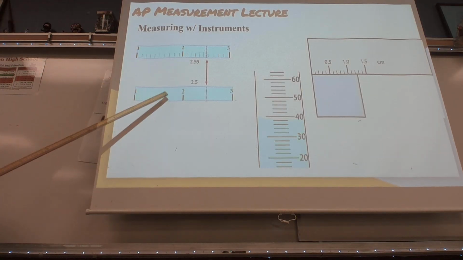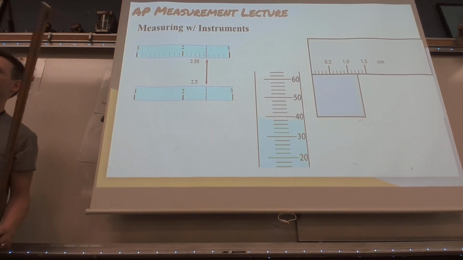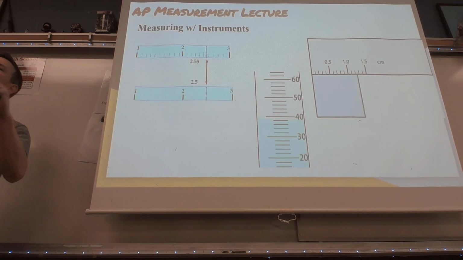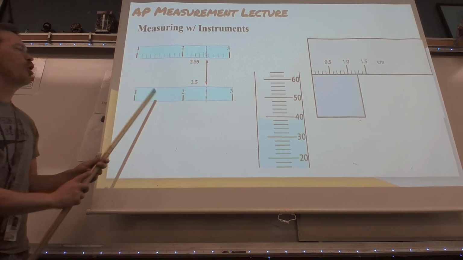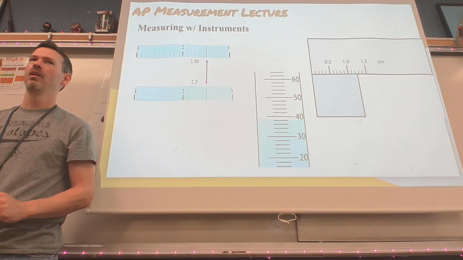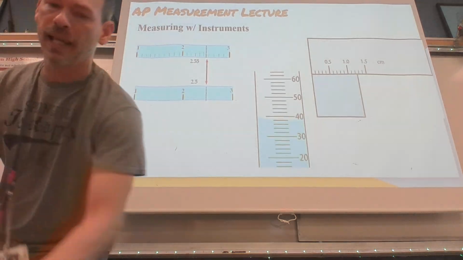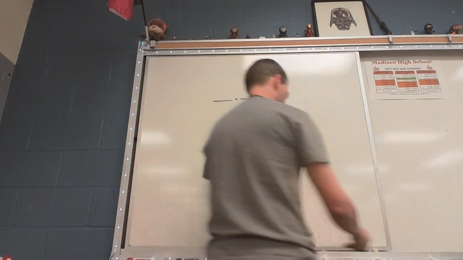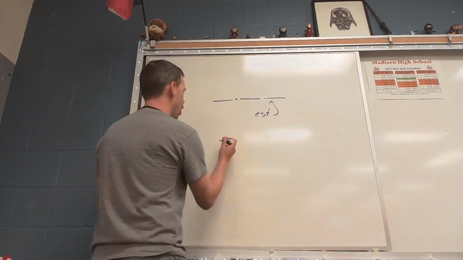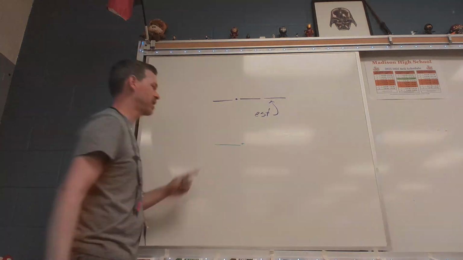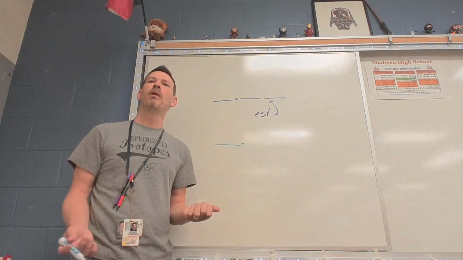But if you look at the bottom ruler, you'll see it's far less precise because there are no little graduations. The bottom ruler just has the ones place. So all it's doing is measuring that spot because it's so much less precise.